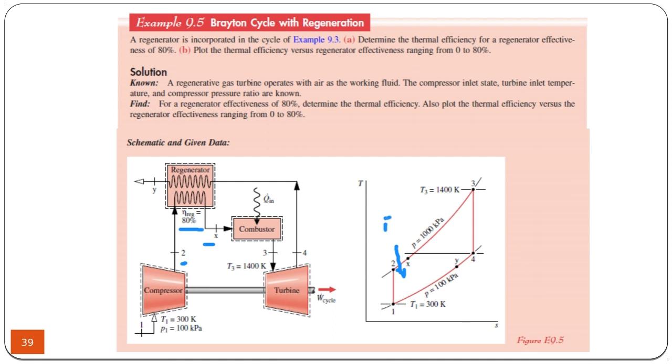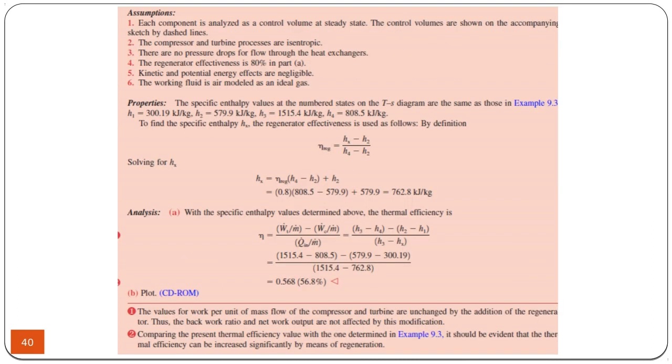And it's obtained from the exit of the turbine, which cools down from 4 to Y. So this is the heat transferred to the compressor exit, and the regenerator effectiveness is 80%. We would like to find out the influence of the regenerator on the system performance.